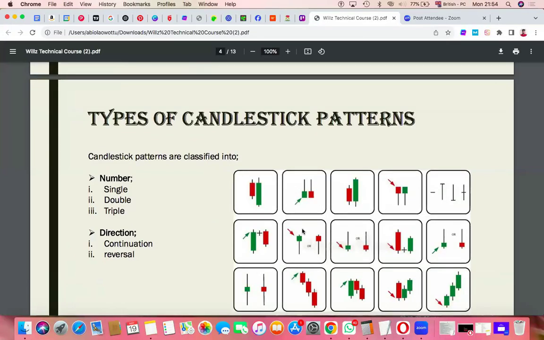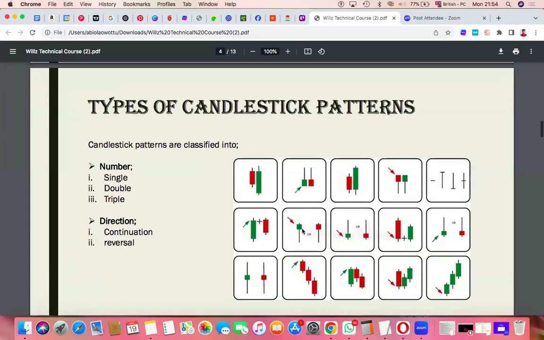So, types of candlestick patterns. We have candlestick patterns that are classified into numbers: single, double, triple, and then we also have continuation and reversals. We have the ones that show directions, and by number we have single, double, and triple.